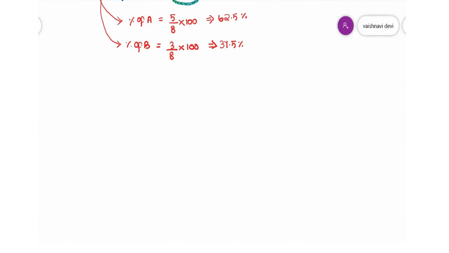Another thing you can interpret from this ratio: A is 5 here, B is 3. 5 plus 3 is equal to 8. The mixture contains 8 units. If the total is 8 units, then what does the mixture contain? The mixture actually contains 5 units from A and 3 units from B. So to find the mixture that contains 16 units, what do you have to do?